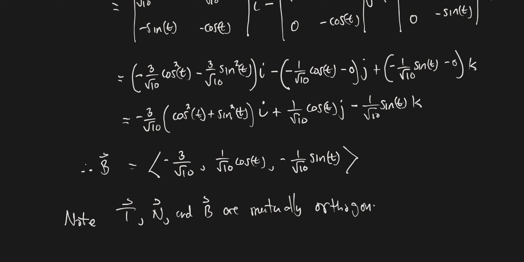Those standard unit vectors are mutually orthogonal. So are your unit tangent, your principal unit normal, and your binormal vectors, right? Taking any two of these and doing the dot product will produce 0. So I'll leave it for you to check. It's a nice little exercise to, again, practice your dot product and illustrate that really important property. And I'll see you in the next video.